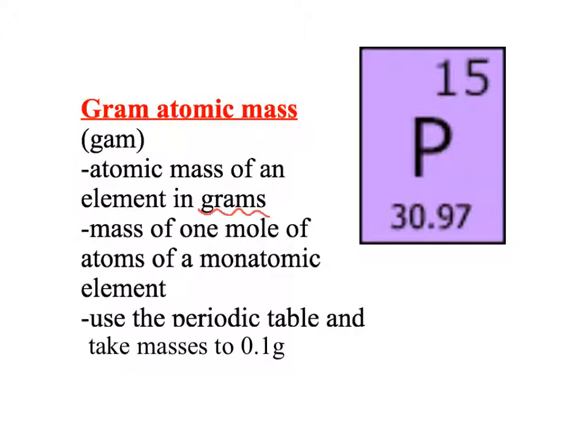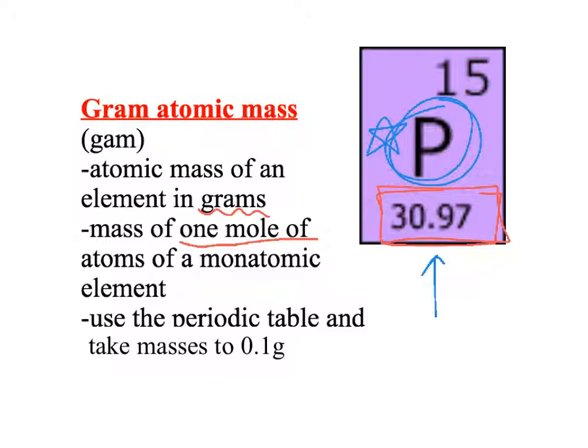This mass, which is here on the periodic table, comes from the mass of just 1 mole of atoms in a monatomic element. So for instance, if we had 1 mole of phosphorus right here, which is 6.02 times 10 to the 23rd atoms, if we had all of those atoms in a little bowl and we weighed it on a scale, it would weigh 30.97 grams.